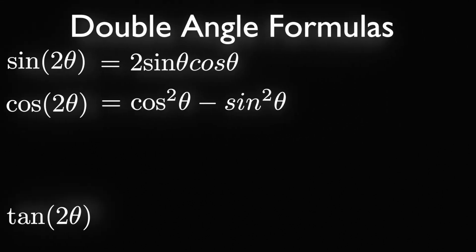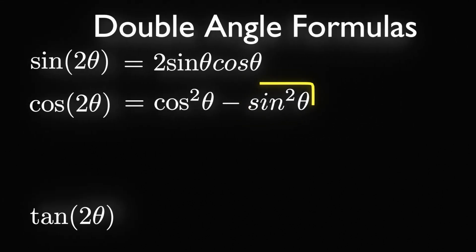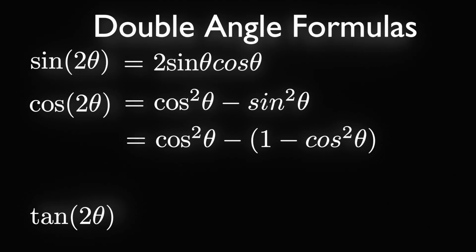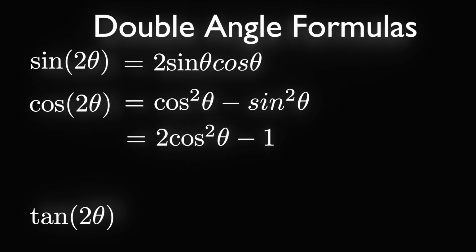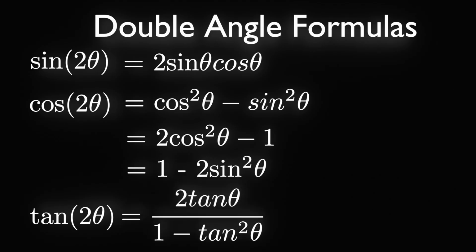Now back to this, as we established real quick, we can change the sine squared to 1 minus cosine squared, making our final equation cosine 2 theta is equal to 2 cosine squared theta minus 1. Or we can change the cosine squared to 1 minus sine squared, giving us cosine 2 theta is equal to 1 minus 2 sine squared theta. And then tangent turns this into 2 tan theta divided by 1 minus tan squared theta.